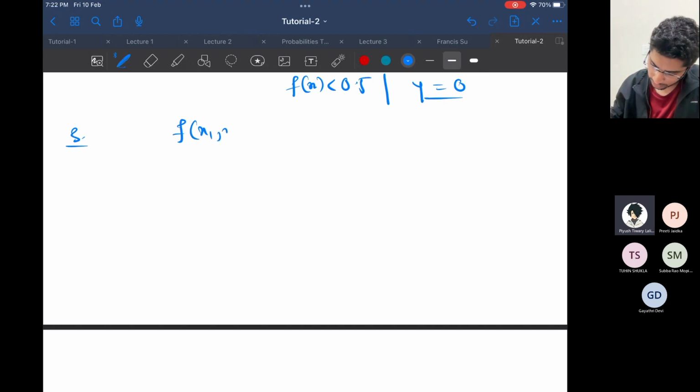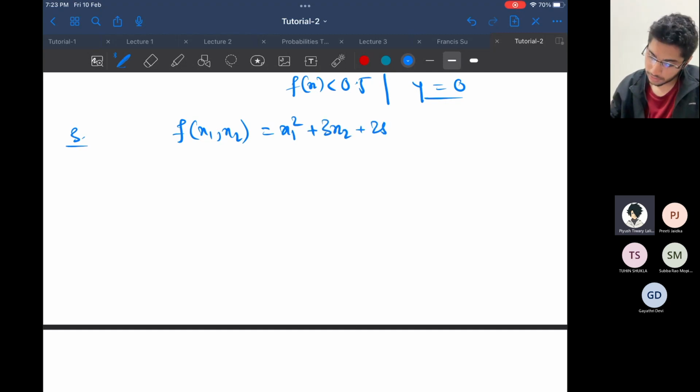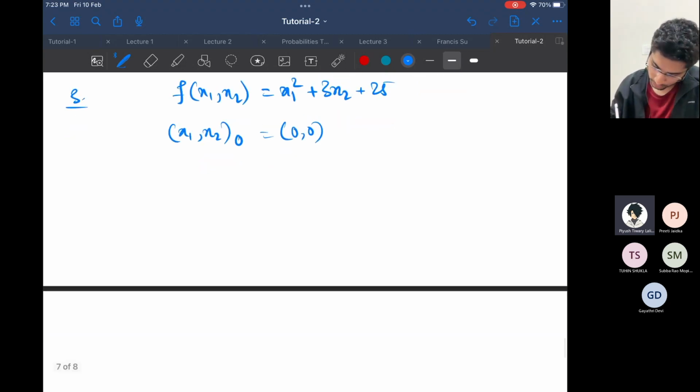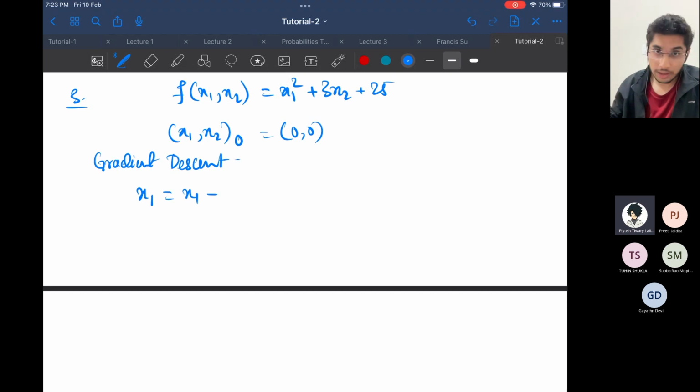So f of x1, x2 is given as x1 squared plus 3x2 plus 25, and x1, x2 at initialization is 0, 0. I hope you remember how gradient descent works. You update x1 as x1 minus eta times the gradient with respect to x1 of f of x1, x2.